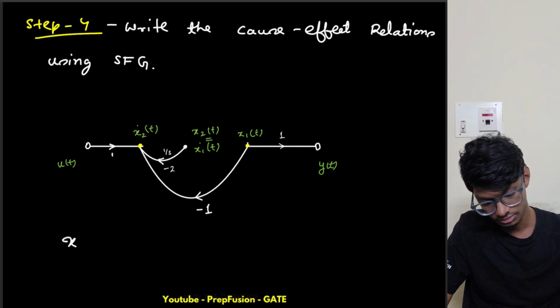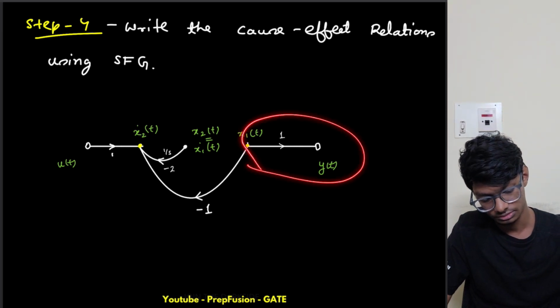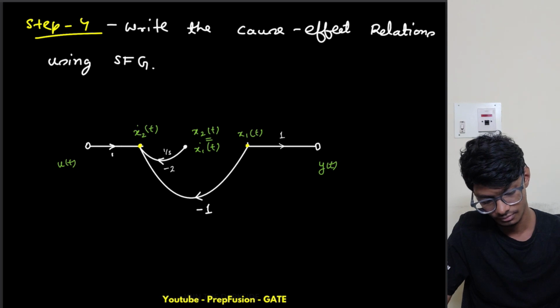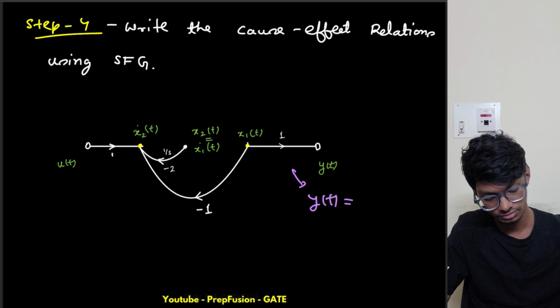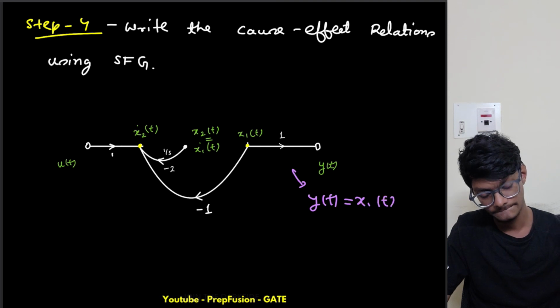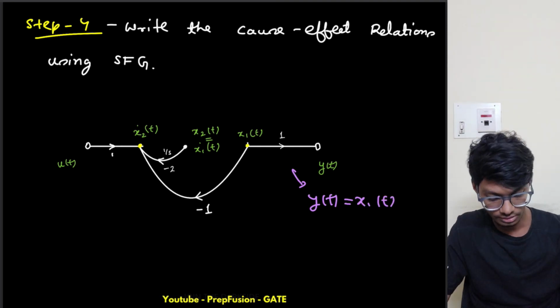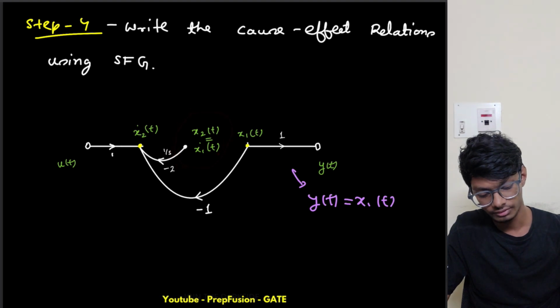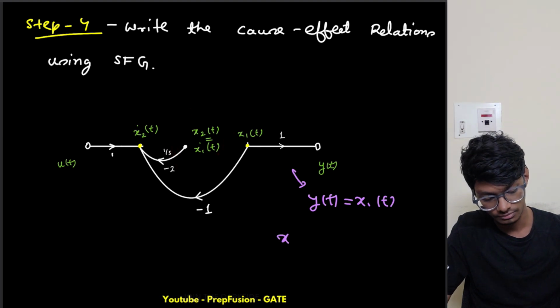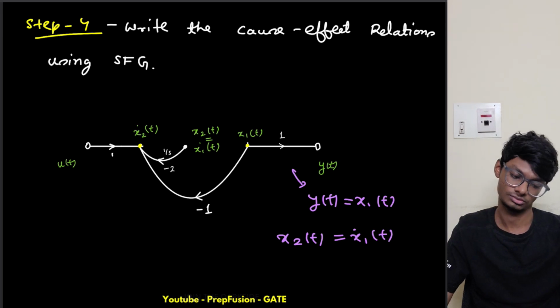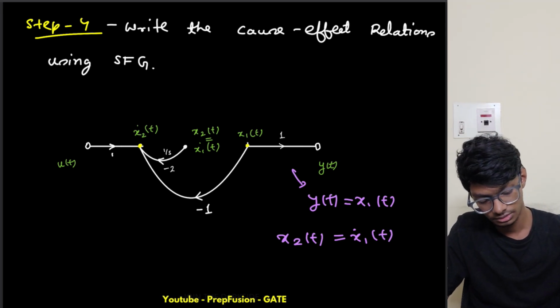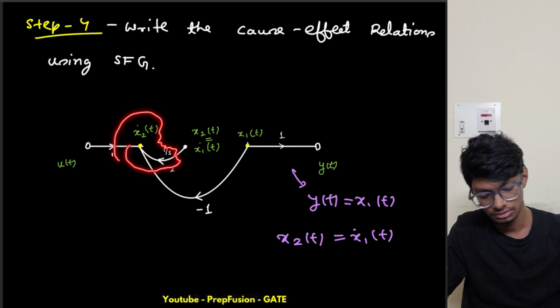The first equation is the output equation, where y of t equals x1 of t. Now the second equation, where x2 of t equals x1 dot of t. And this is my third equation.